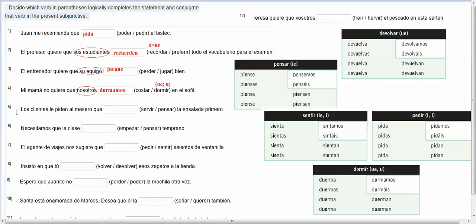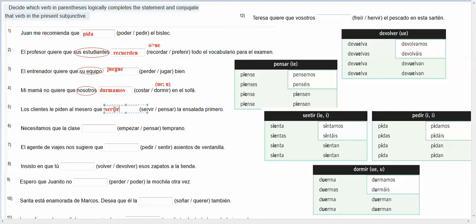Los clientes le piden al mesero que servir, pensar la ensalada primero. Probably servir because that's what they do, right? The waiters serve the food. Again, what I've got going on here is it's an IR verb, but servir is actually an E to I in both.